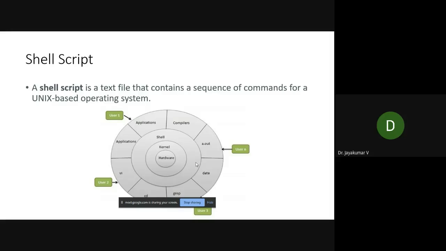Now let me put another question. Which one could be easier to use, graphical or command-based? A graphical, sir. Okay, at the initial stage it could feel like graphical may be easier to interact with.